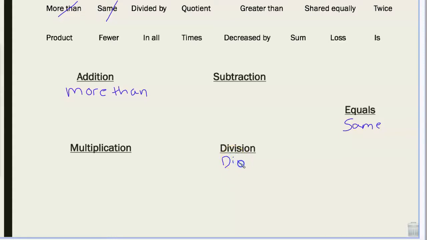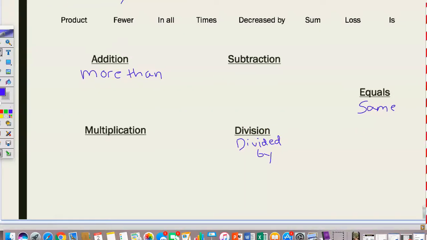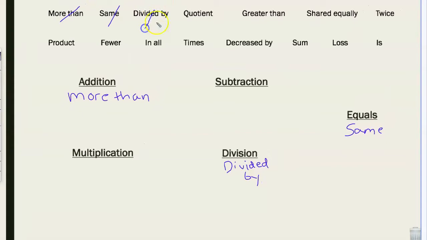X divided by 2. Okay. Quotient. That's also a word that we have been using to prepare for STAR. Quotient is another way of saying division. It's basically the answer to a division problem.